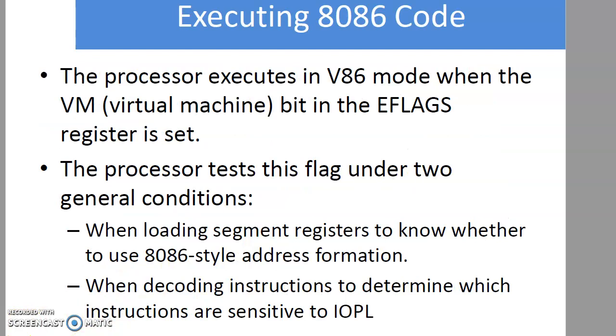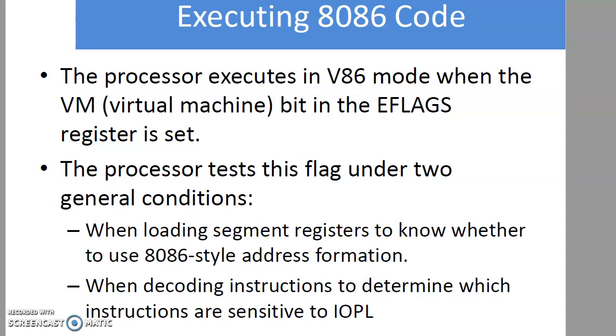Now, executing the 8086 code. The processor executes in Virtual86 mode when the VM (virtual machine) bit in the EFLAGS register is set. Only then will the Virtual86 mode be enabled.